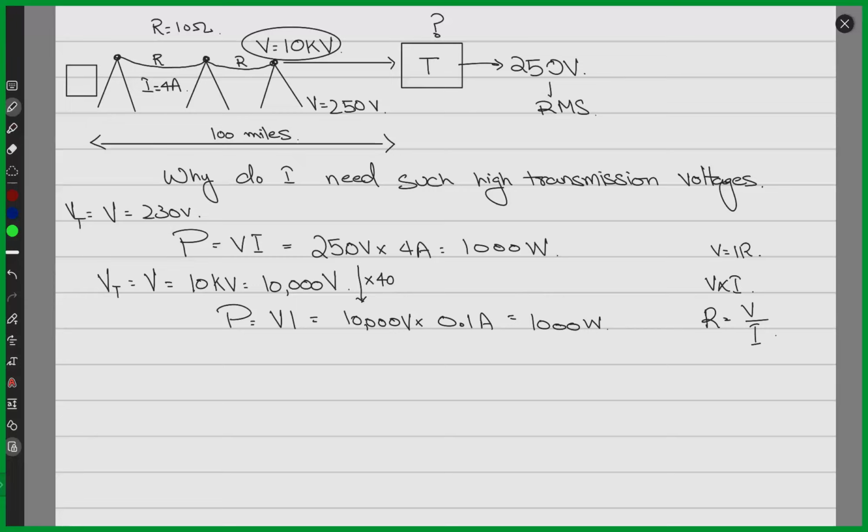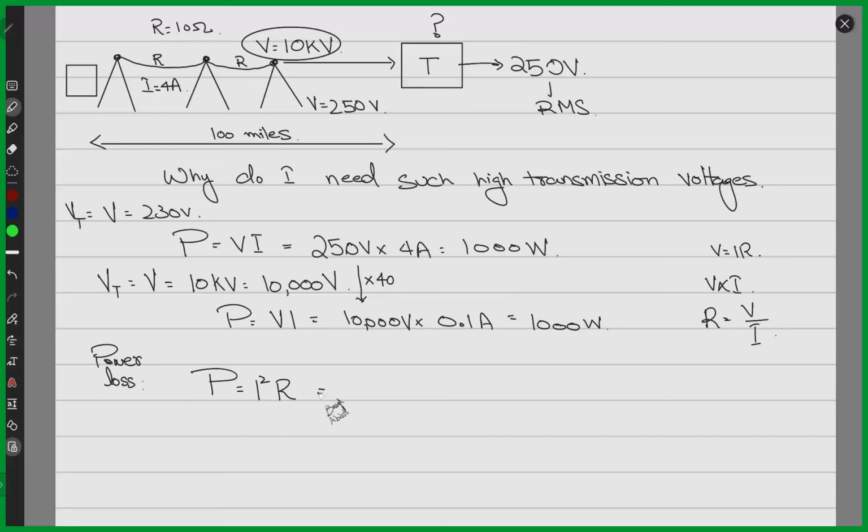So where's the difference, right? Now we'll see that the difference is when we talk about power loss. That is when we include the resistance of the wires. And you know that a power loss in any resistance is given by I squared R. Now this equation will determine the power that is lost in these wires.